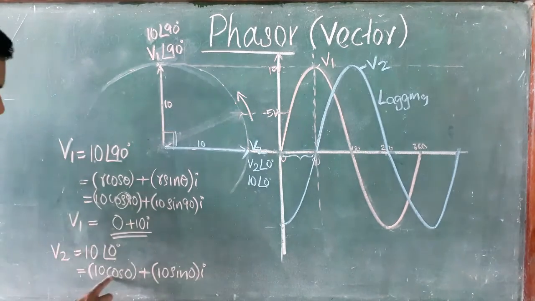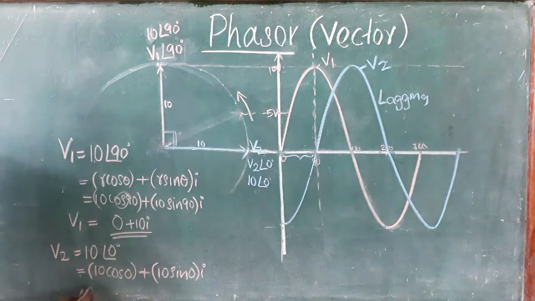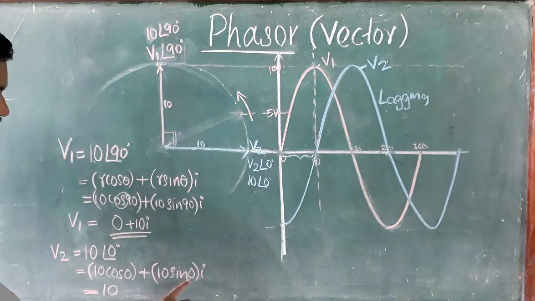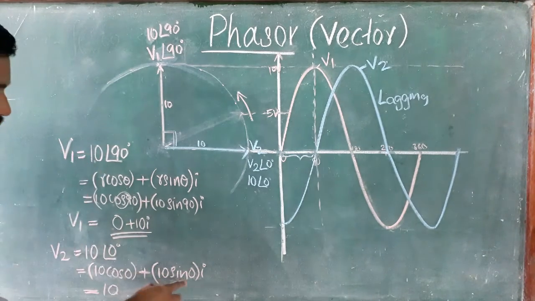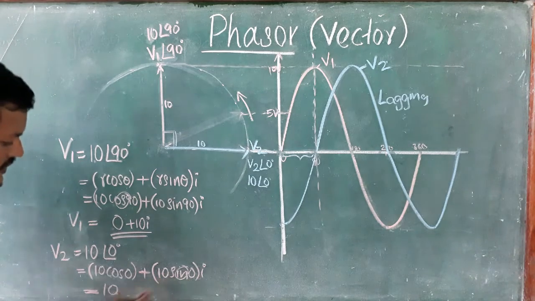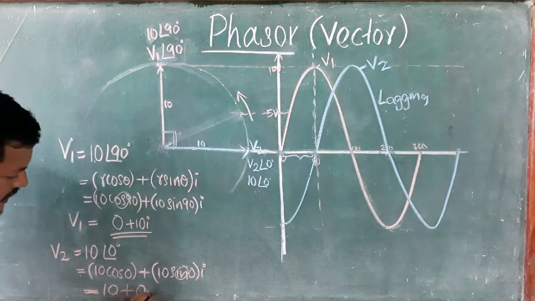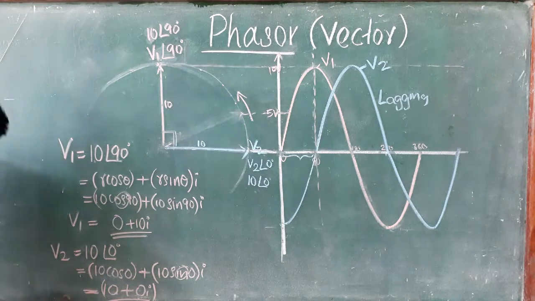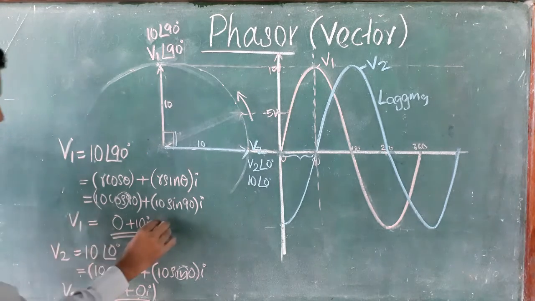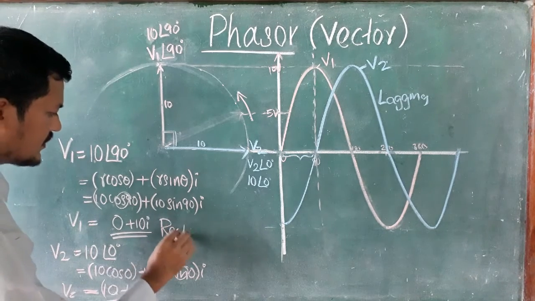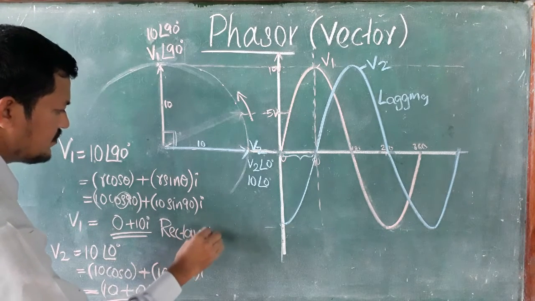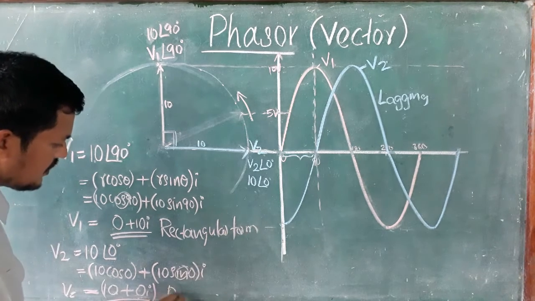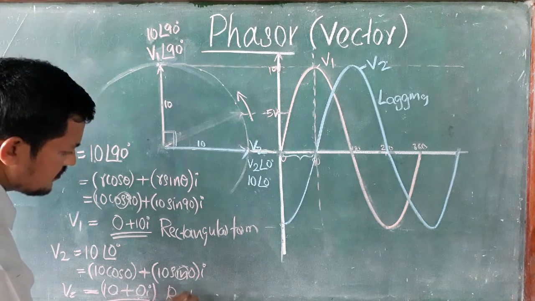We know cos 0 is 1, so 1 times 10 becomes 10. Again in this part, sin 0 is 0, so 0 times 10 is 0, so plus 0i. So V1 and V2 we got in rectangular form. This is rectangular form. This one is also rectangular form.